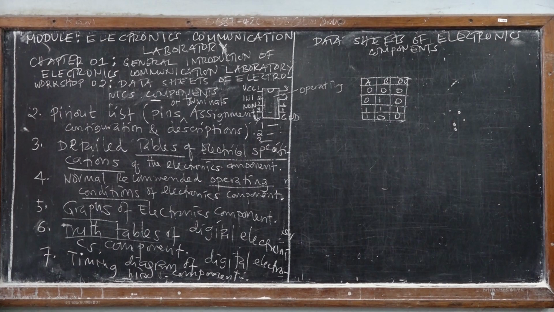This is the truth table I took from a data sheet. Do you see? Just check it. Does it look like 0, 1? What do you see? You see X, 1, 1. That X has a meaning. Do you see?